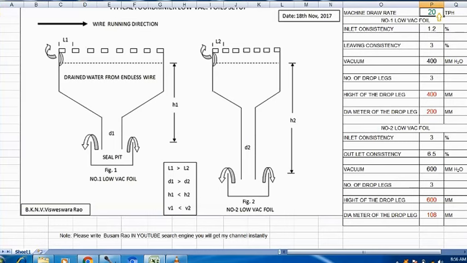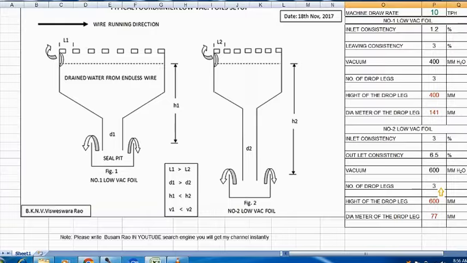Say for example it is a machine making 10 tons production, then let us see what will happen. Instead of 200 it has become 140 for 3 droplegs, and 400 is the length. And similarly 77 here, instead of 100 it has become 77 for 3 droplegs.